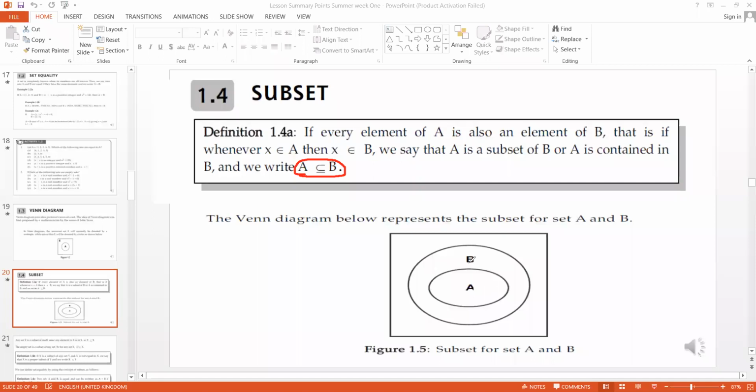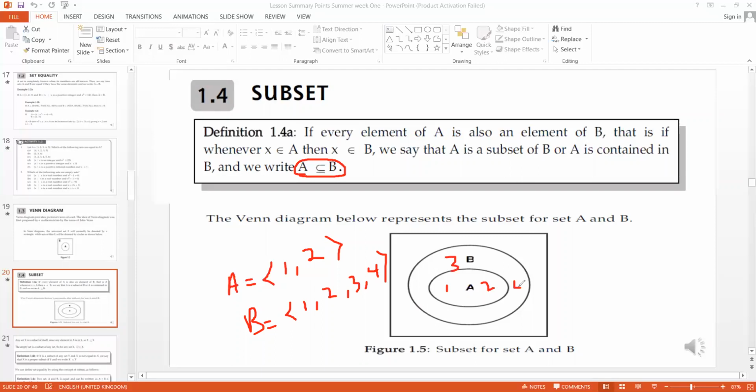For example, if you have the set A as 1 and 2, and then the set B as 1, 2, 3, and 4, then that can be represented. We have 1, 2, 3, 4.